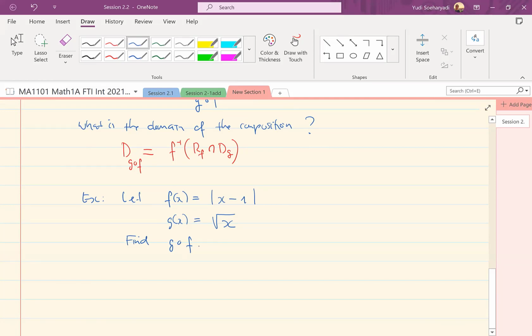G after F. So that's the DF here. The domain is, let's see, what kind of x can you plug into this formula here? Any real number. Good. And the range.